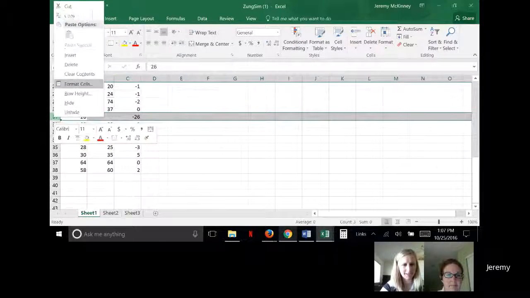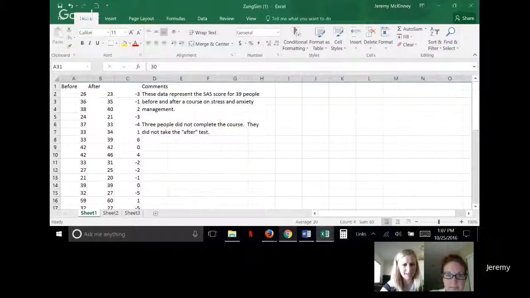Oh, okay. So I go to column C. Oh, it won't let me edit. Okay, just a sec. It's not letting me right click. Well, you'll want to highlight all of C, the whole column.